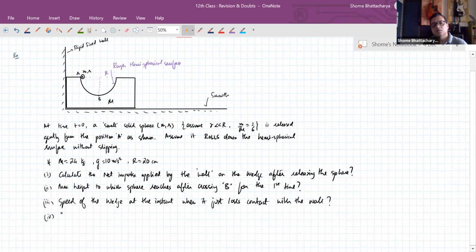And we have to find out the maximum speed of the wedge after the system starts moving. What is the overall maximum speed of the wedge going to be?